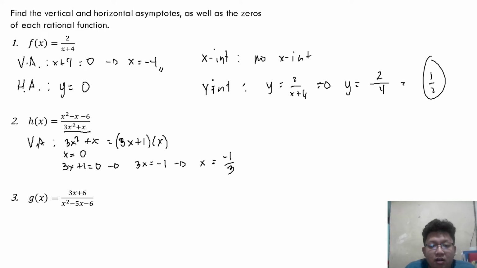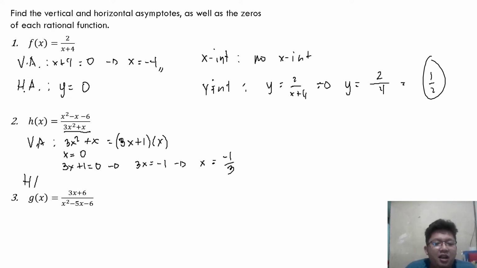So, dalawang vertical asymptotes, not x-intercepts. May dalawa tayong vertical lines na invisible na kung saan ay hindi tatamaan ng ating function. Sila parang susundan, magiging guide. Parang gano'n siya.